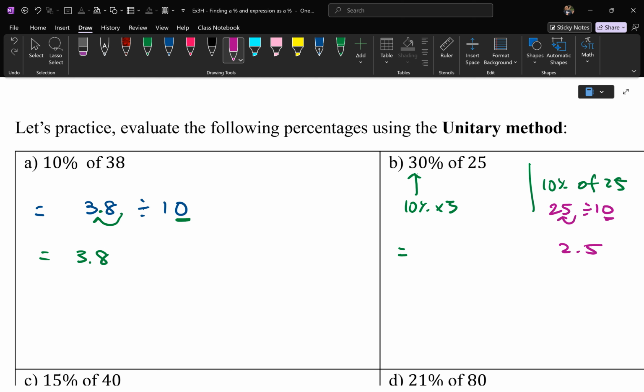What's 2.5 plus 2.5 plus 2.5? 7.5. So 30% of 25 is really just 7.5 because I'm just doing 2.5 times 3. And you can do that quickly in your head. So that's the benefit of knowing your unitary method because you can break them all into 10% and 1%.